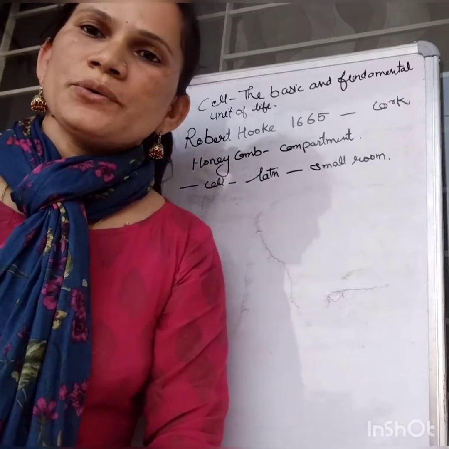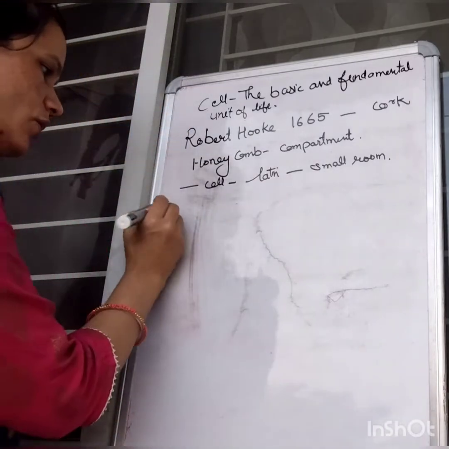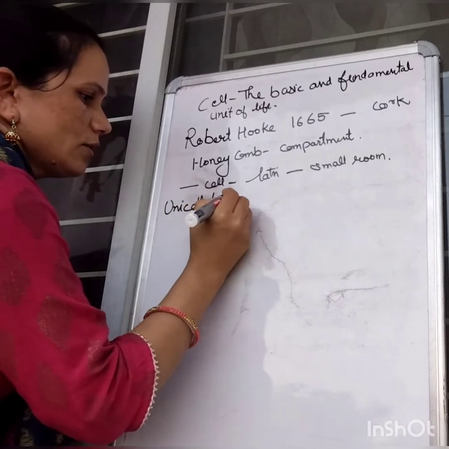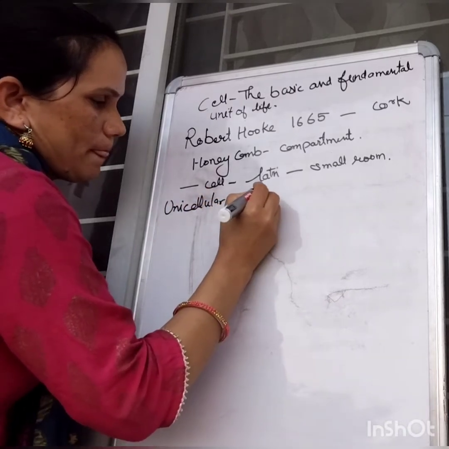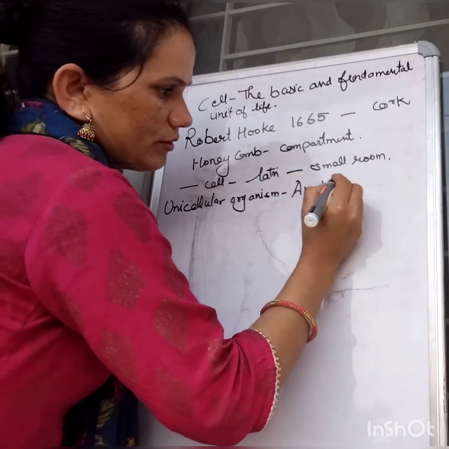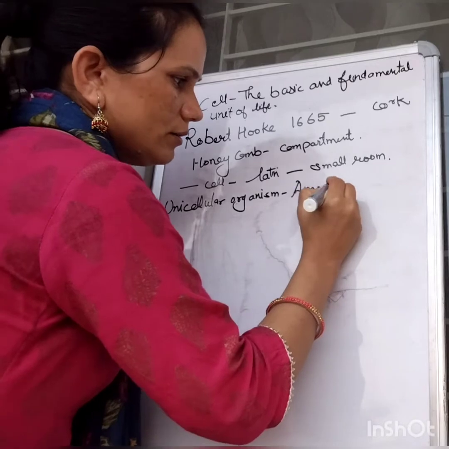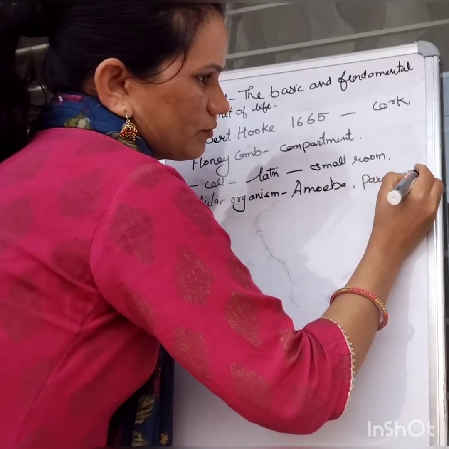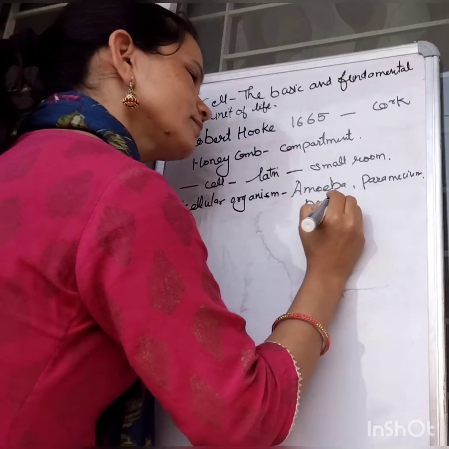These organisms are known as unicellular organisms. Examples are amoeba, paramecium, and bacteria.